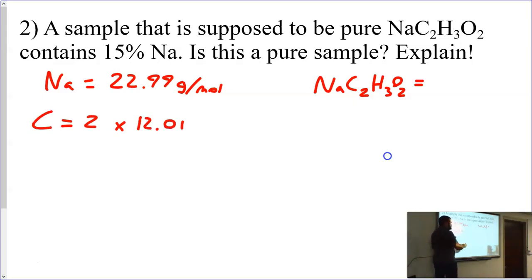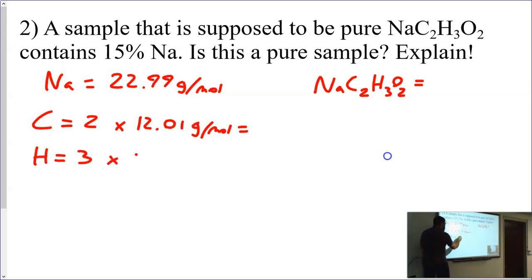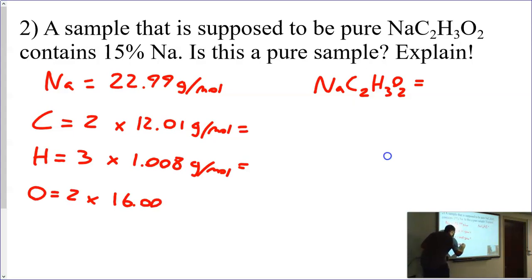Did I say 10 earlier? I'm sorry. Grams per mole. That's going to equal something. I have 3 hydrogens. So that's going to be 3 multiplied by 1.008, because again, that is the different molar mass this year for hydrogen. And then I have 2 oxygens, so I have O equals 2 times 16.00 grams per mole.